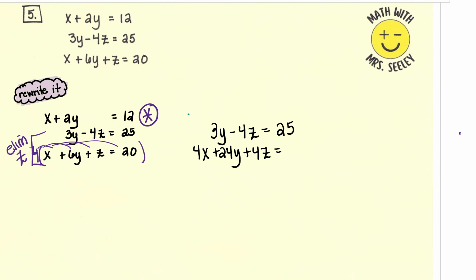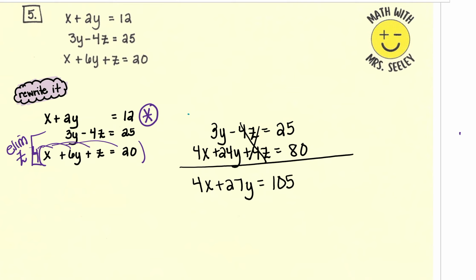And 4 times 20 is 80. Z's eliminate, and I have 4x plus 27y is equal to 105. And that is my second star equation.